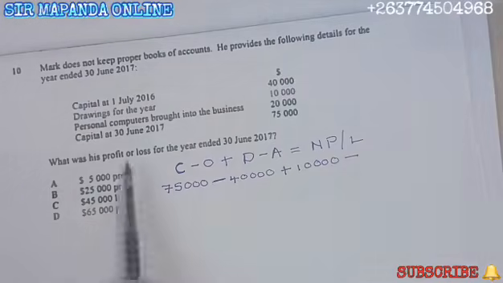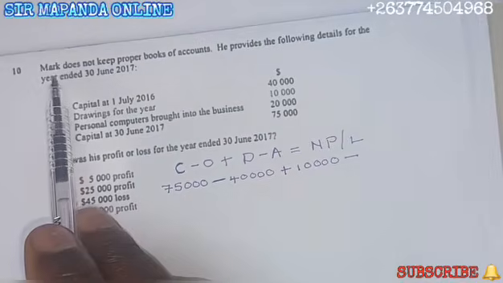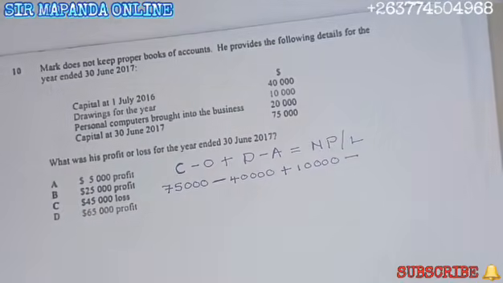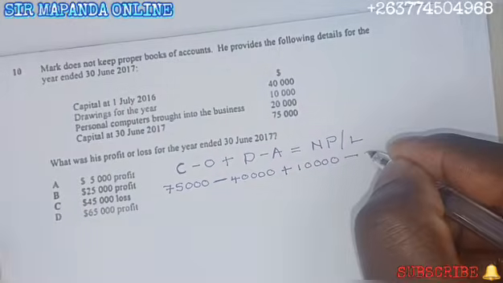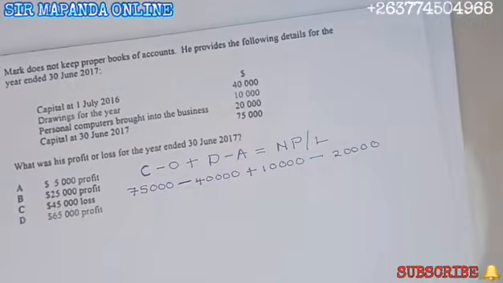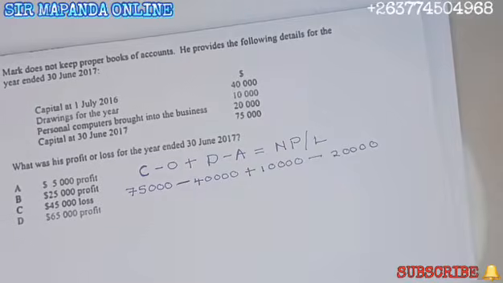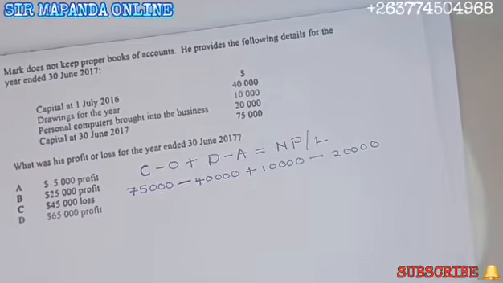There is line number 3. Personal computers, meaning the computers were owned by Mark, brought into the business, injected into the business, they represent additional capital. So I'm going to less 20,000. So if we punch this in our calculator, 75,000 minus 40,000 plus 10,000 minus 20,000, you get 25,000.